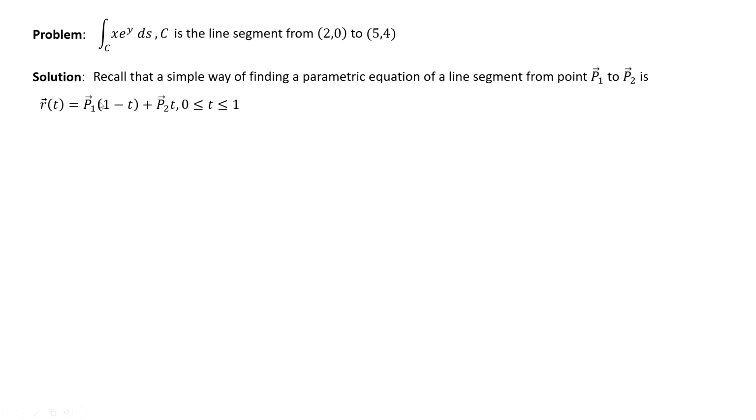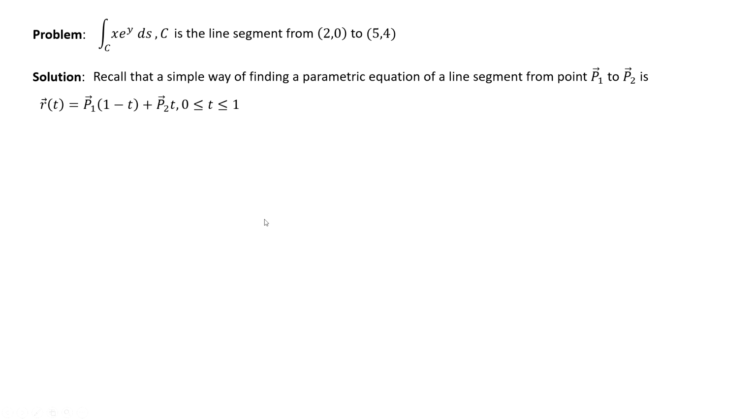Then what happens? 1 minus 0 is 1, and P1 times 1 is P1, plus P2 times 0. Oh, this disappears. And so we end up getting P1. So t equals 0, of course, gives us P1, which is what we want. Similarly, when t equals 1, this goes to 0 because 1 minus 1 is 0, and P2 times t becomes P2 times 1. So we get P2. So this works.